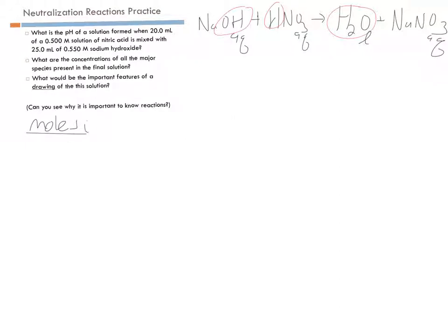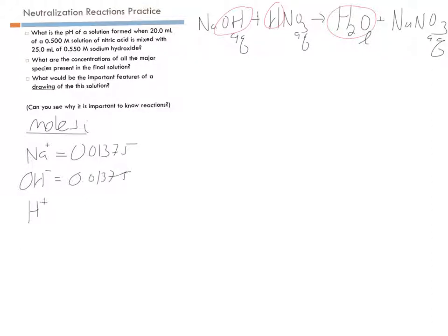These are initial moles. We want all 4 ions. So sodium is going to be the 25 milliliters of 0.55 molar. That's going to be 0.01375 moles, which will be the same as the hydroxide, 0.01375.